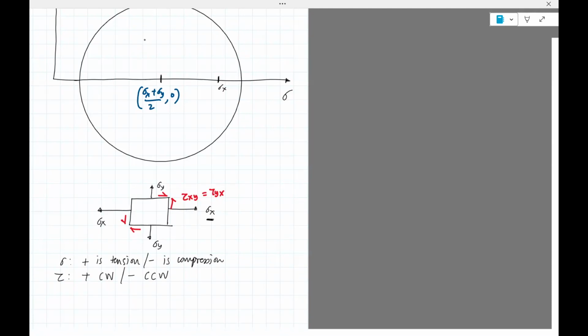With that convention in mind, sigma x is positive the way it's shown. And tau xy on this face is acting in the counterclockwise direction, and counterclockwise is negative, so this is going to be minus tau xy. So this point here is sigma x, minus tau xy.